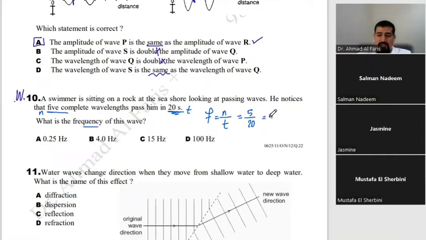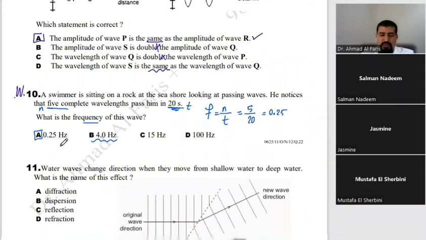So the answer is 0.25 hertz, which is A. If you flip it and write 20 divided by 5, you get 4, and you will find this answer, but it's not the correct answer. The correct answer is frequency, number of vibrations divided by time, which is 0.25.